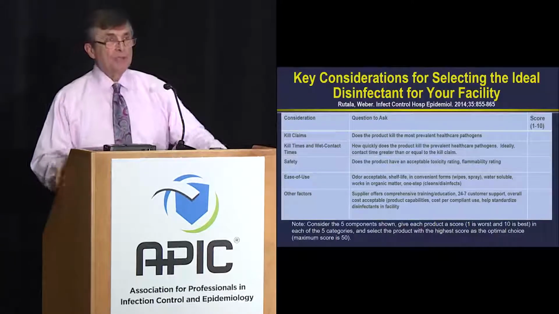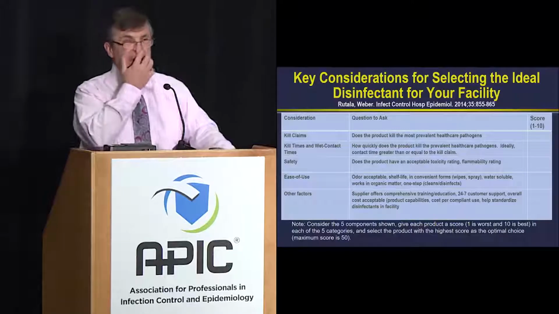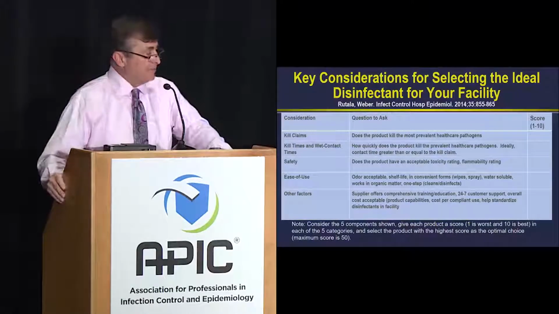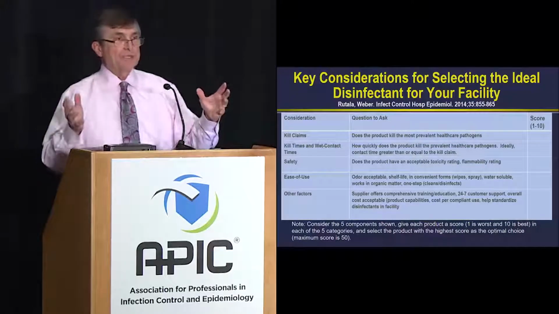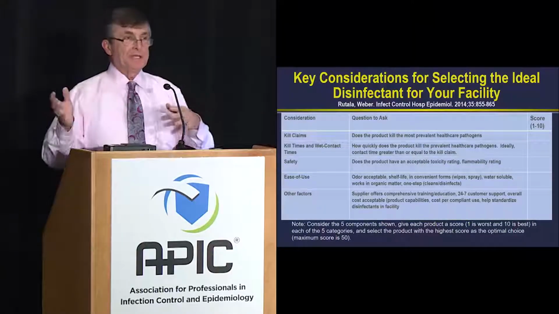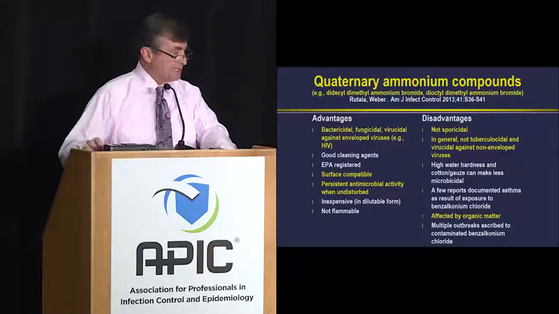And of course, we could identify an ideal disinfectant by using a scheme such as this. And we could, of course, compare 2 products, and using this scheme in a scale of 1 to 10, we could identify which product is possibly ideal for our healthcare setting.